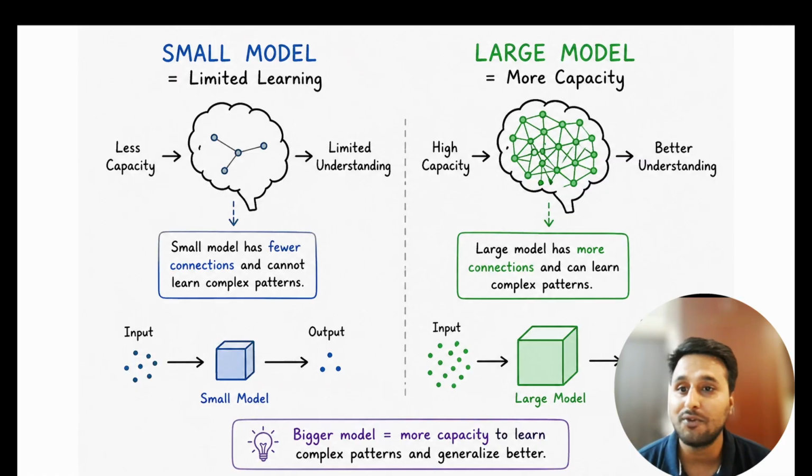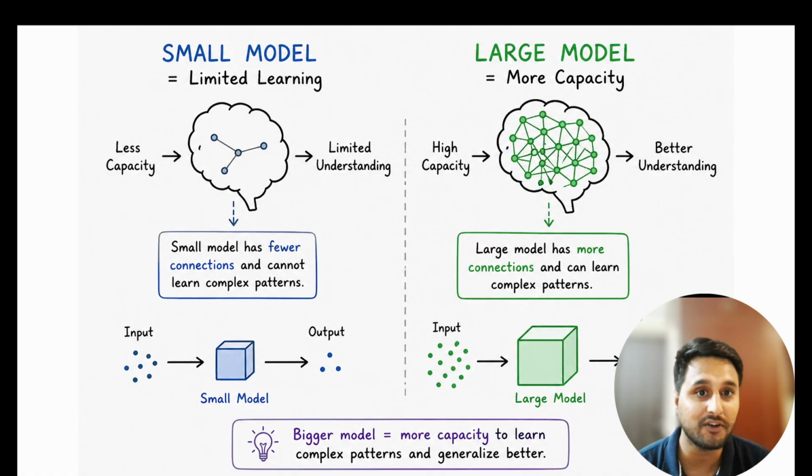So the small model has less capacity. It has limited understanding, fewer connections, and cannot learn complex patterns, so its output is also not reliable. But in the large model, there is very high capacity, much better understanding. It has more connections and can learn complex patterns, and its output is also better.